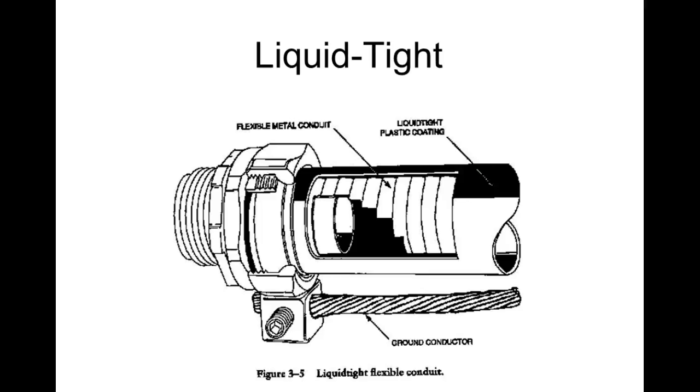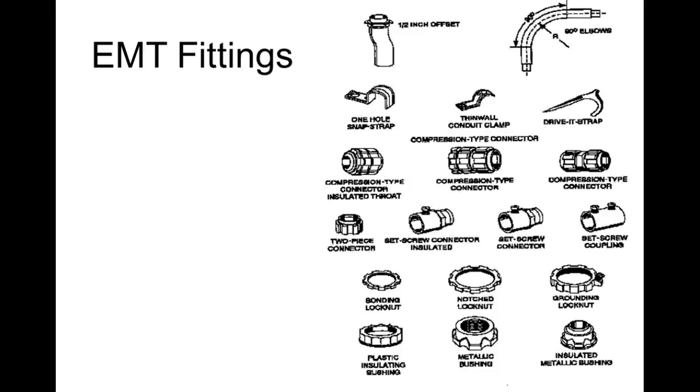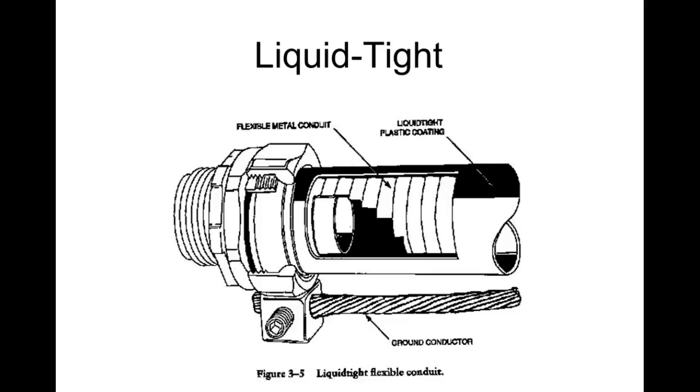We do have what we call liquid tight. Now, the problem with EMT, metal EMT, can literally be used as a ground conductor because it's metal, right? You understand that? So it's usually connected to ground. We might run a ground, but legally, EMT can be used as the ground conductor. But if we go through a liquid tight connector, then that liquid tight has got to have a rubber seal in there, right?